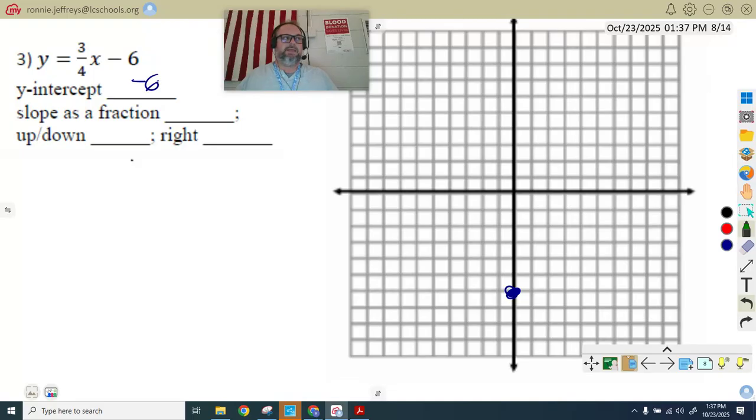It's already a fraction. Somebody said 3 over 4 over 1. That means up 3 to the right 4. 1, 2, 3. 1, 2, 3, 4. And the other one's right here.